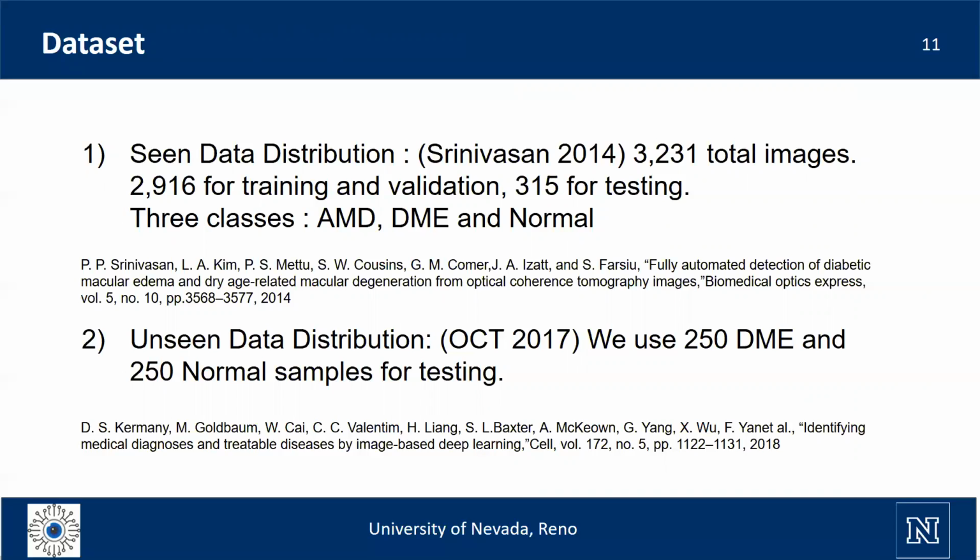For unseen data distribution, we use the OCT 2017 dataset. The dataset has 1,000 images for testing and has 4 distinct classes, out of which 250 are for normal and 250 are for DME. We will use this to see if the architecture can distinguish the same classes of images from a different data distribution acquired from different methods or systems.